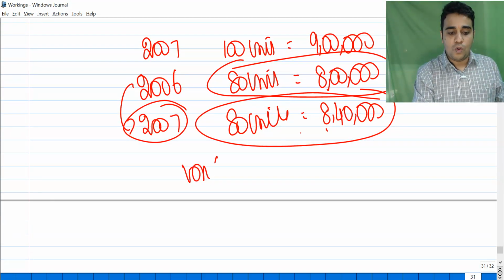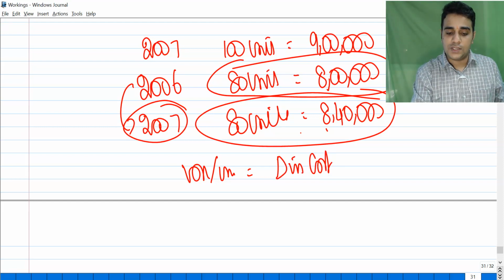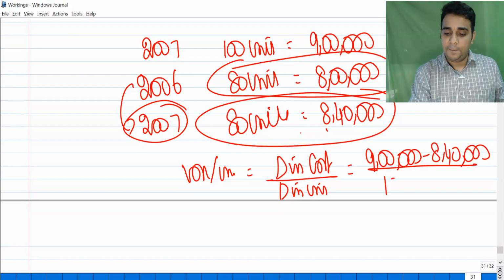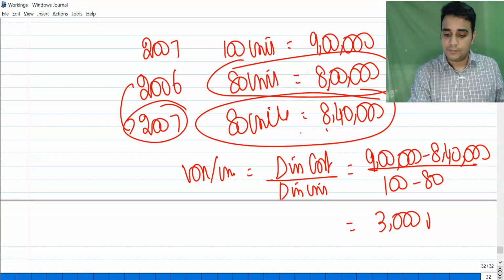Now listen. Variable overhead per unit is equal to change in cost by change in units, which is (9 lakh minus 8 lakh 40) divided by (100 minus 80), which is 3000 per unit.